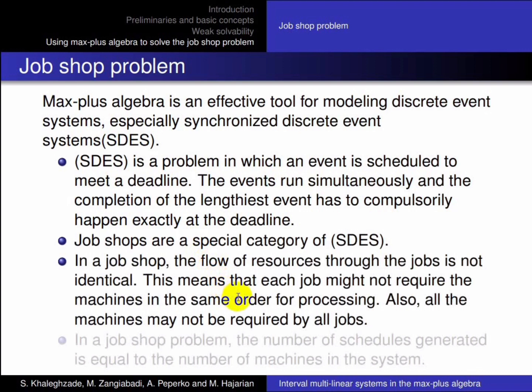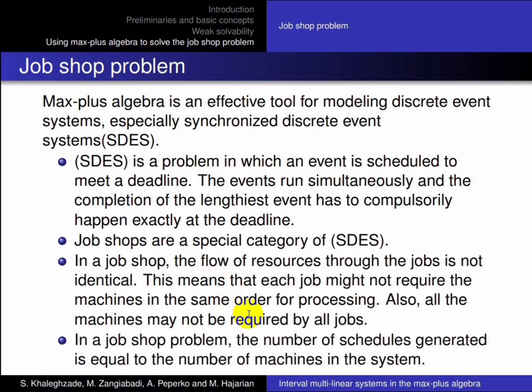That means that each job might not require the machines in the same order for processing. Also, all the machines may not be required by all jobs. In a job shop problem, the number of schedules generated is equal to the number of machines in the system.